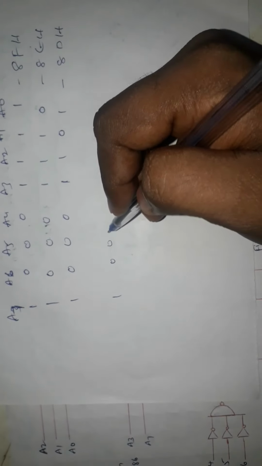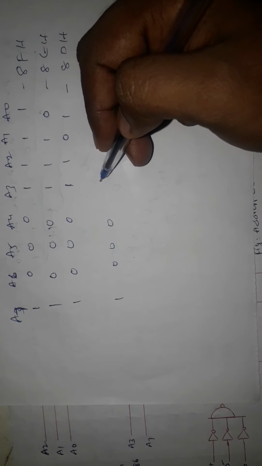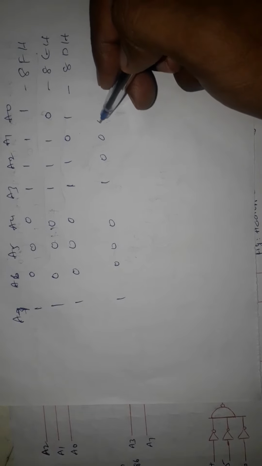You can keep on using 1000. Let me check whether 1000 is 88H. So we can assign 8 different addresses through the decoder.